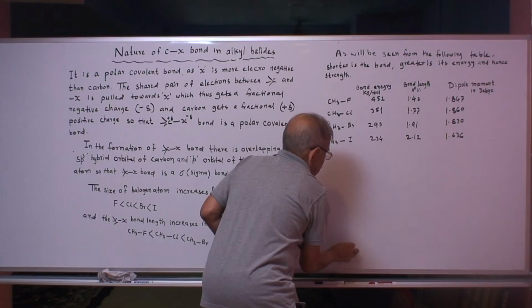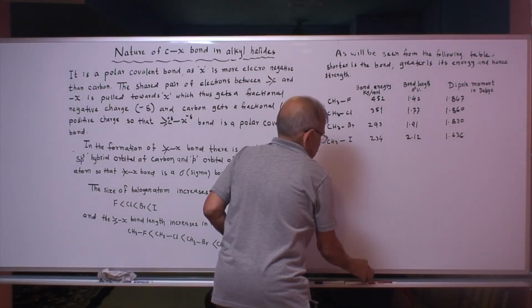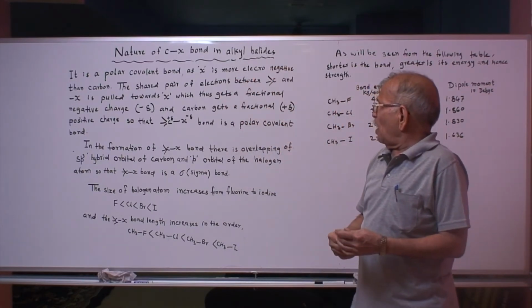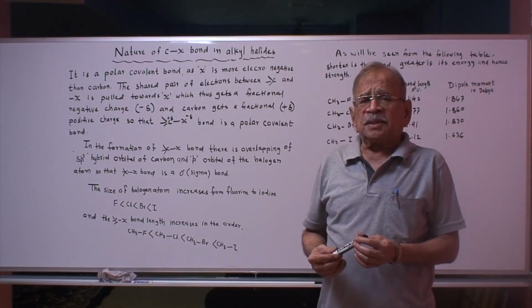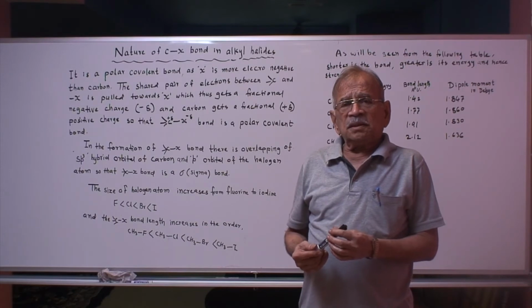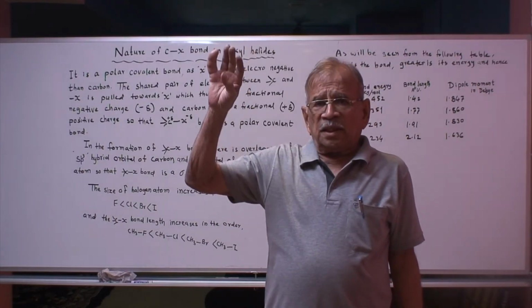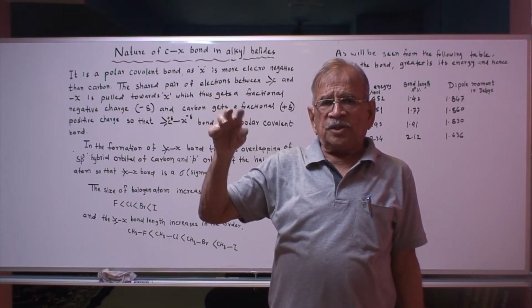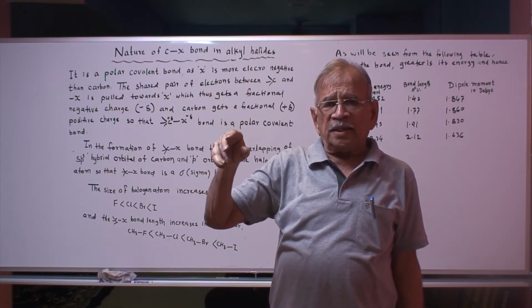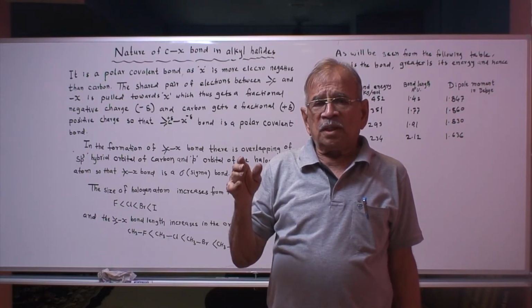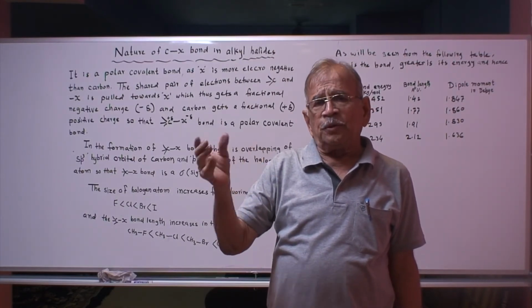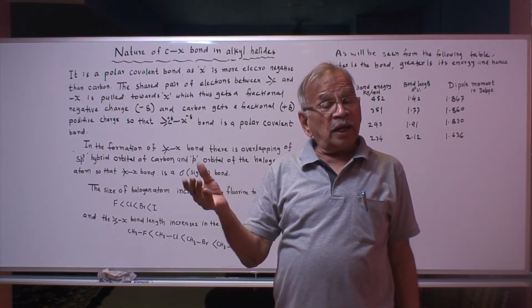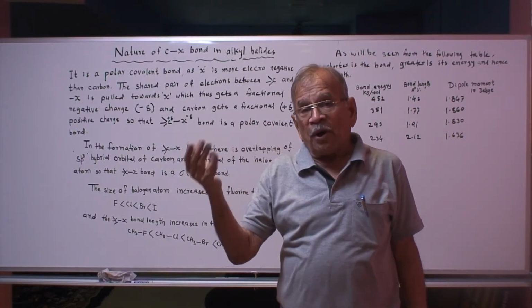So now we have collected much information about the nature of the C-X bond in alkyl halides. Number one, regarding the charges on C and X, indicating that it is a polar covalent bond. Number two, sizes of fluorine to iodine. Number three, bond length. Number four, bond energy.